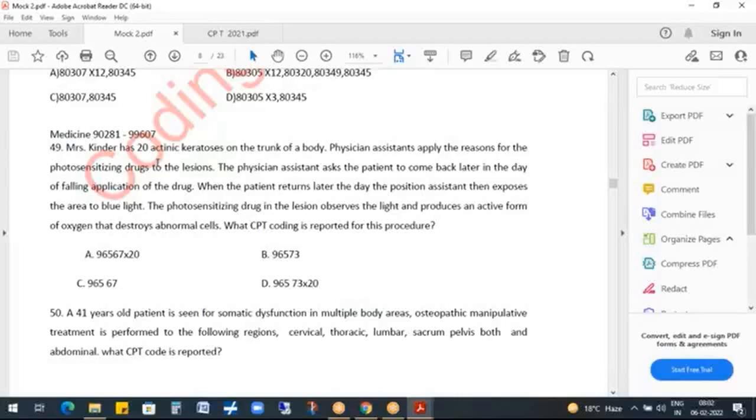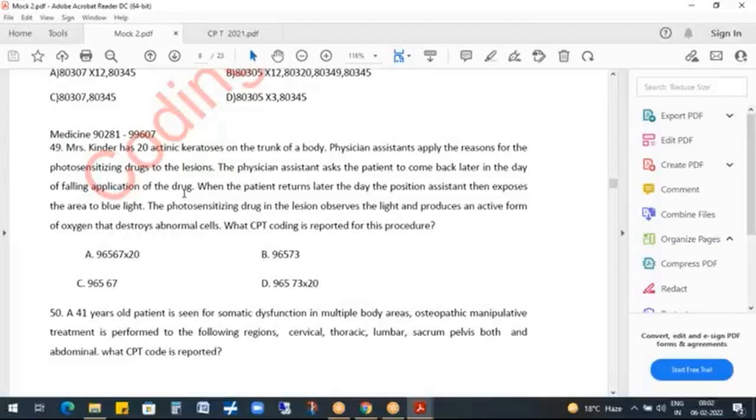The physician assistant applies the photosensitizing drug to the lesion. The physician asks the patient to come back later in the day following application of the drug. When the patient returns later that day, the physician assistant then exposes the area to blue light.